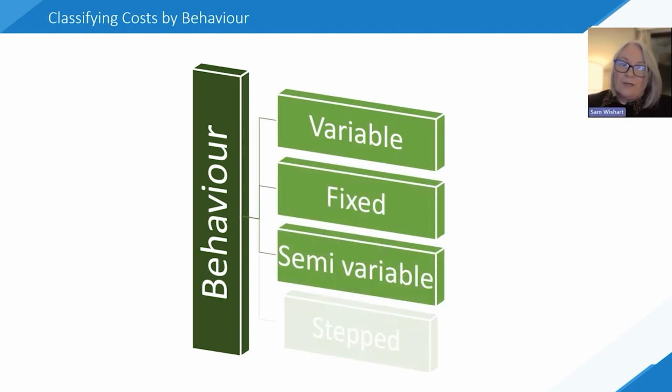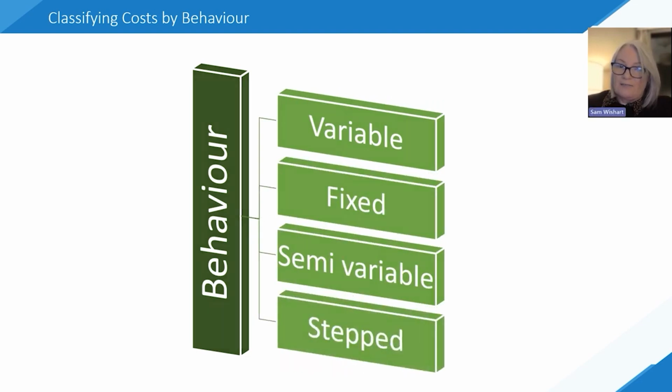So finally, we're going to be looking at classifying costs by behaviour. So this classification looks at classifying costs according to their behaviour. What we mean by that is how costs behave or change in relation to varying levels of activity. And by activity, we mean the number of units produced or the number of services provided.